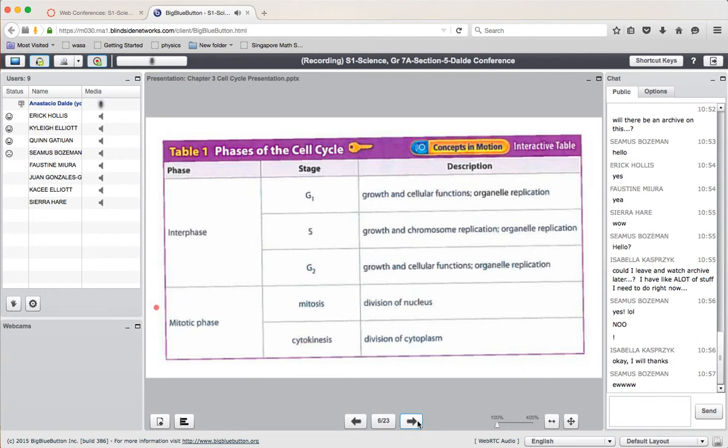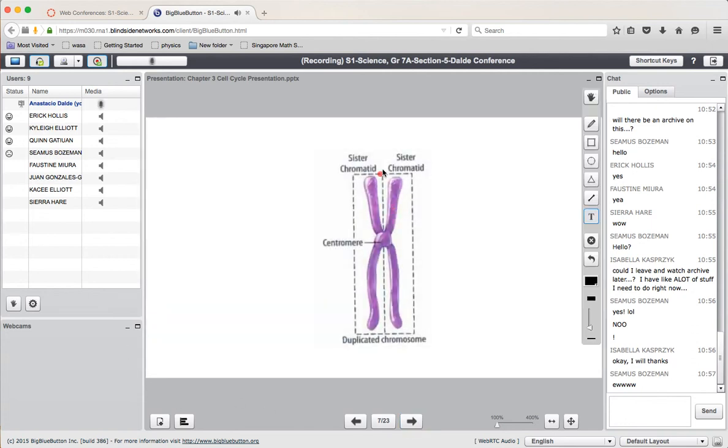Let me see if I have this picture right here. Okay, here we go. We have a strand of those spaghetti strands. What happens in the S stage is these two DNA strands, the chromatids, you have two copies.